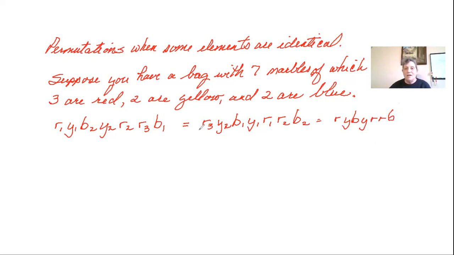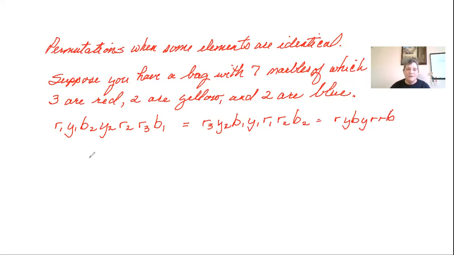So we have to have the ones that are going to look the same counted out so that they're all counted as just one, because we have no way to tell them apart. And yet a red, yellow, blue and a red, blue, yellow is still going to be different, so order matters.